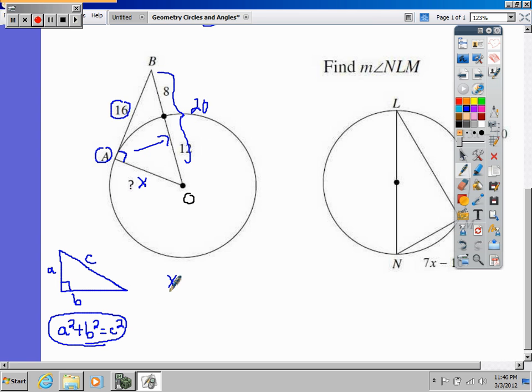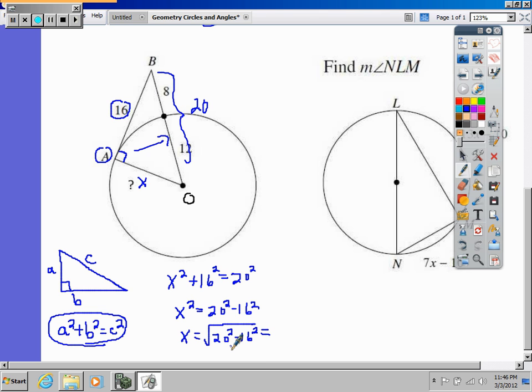And I'll say x squared plus 16 squared has to equal 20 squared. So then x squared must be equal to 20 squared minus 16 squared, and x is the square root of all of that.